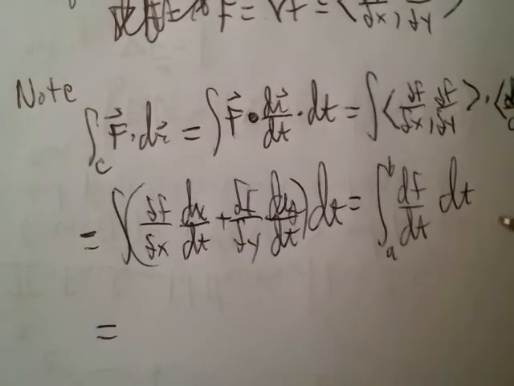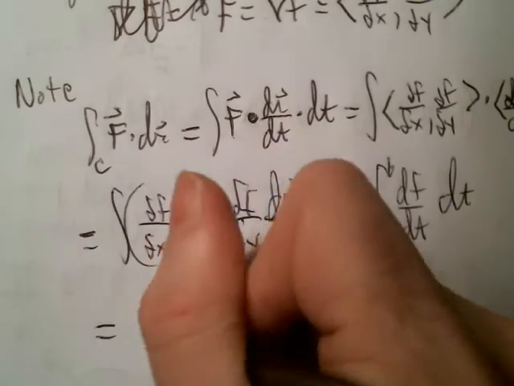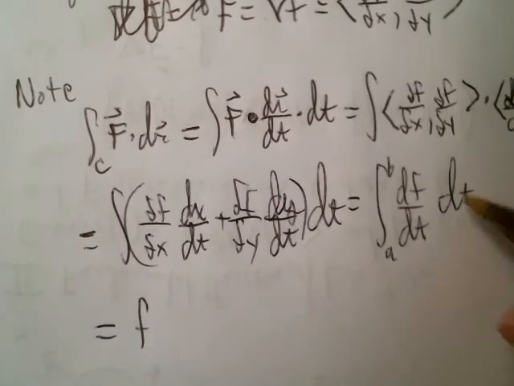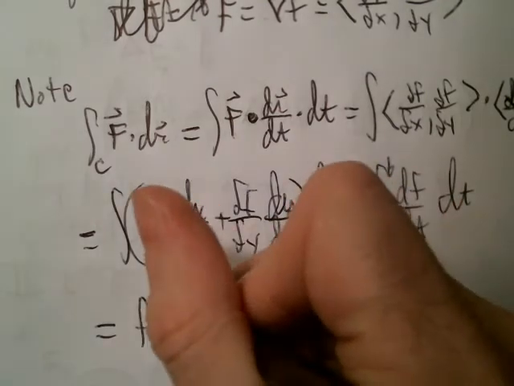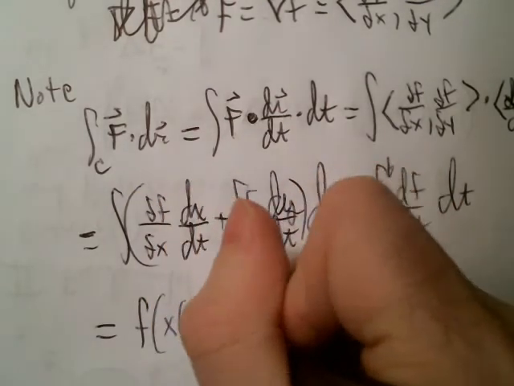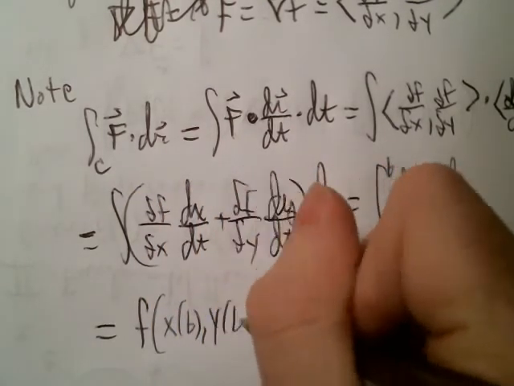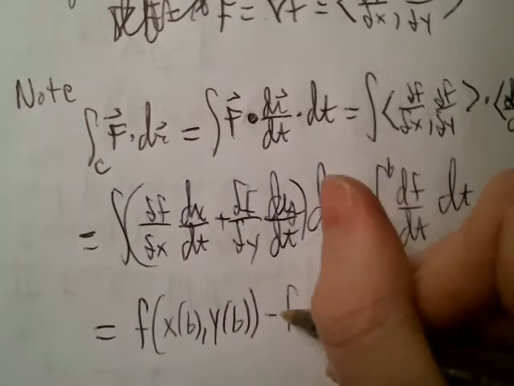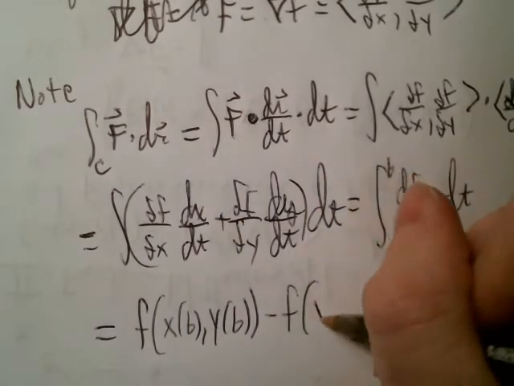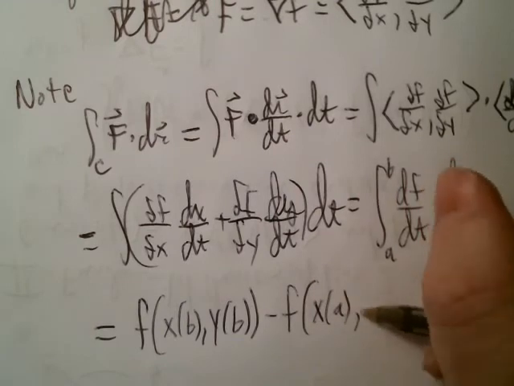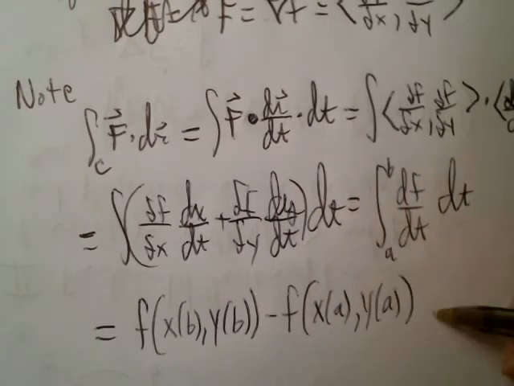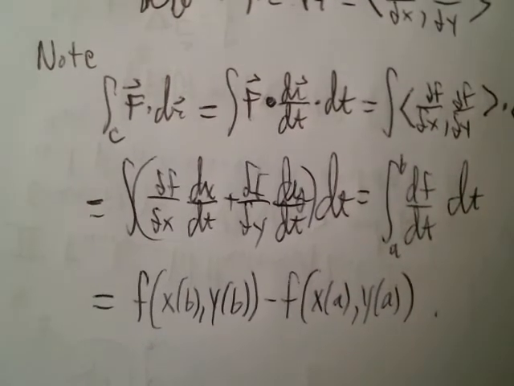Anyways, what you end up with is just the potential function evaluated at b, so f of x of b, comma y of b, minus the potential function evaluated at a. Okay, and that's the fundamental theorem of line integrals.